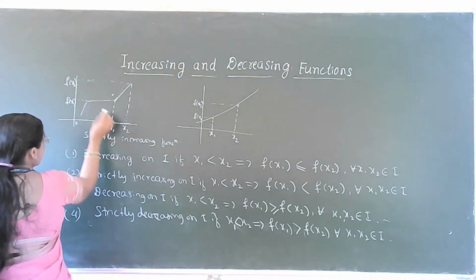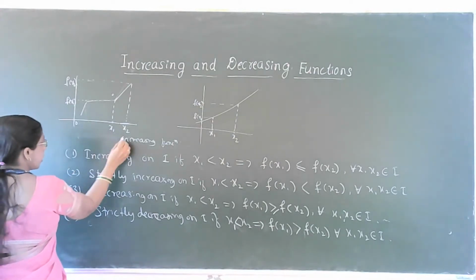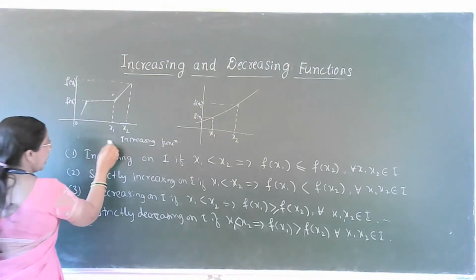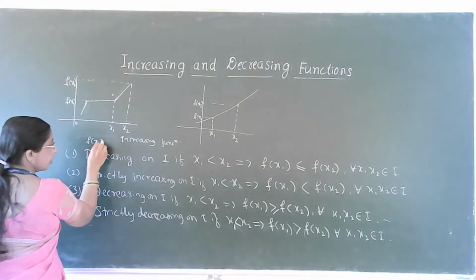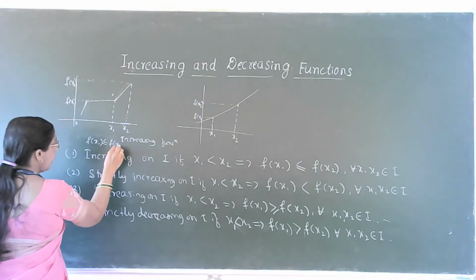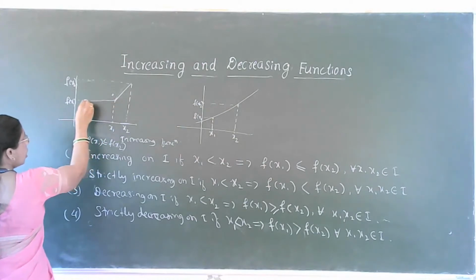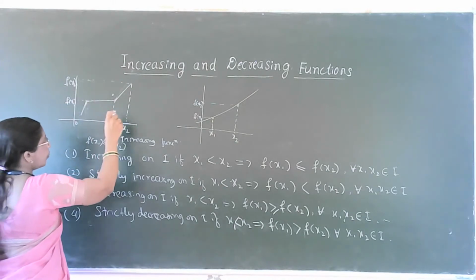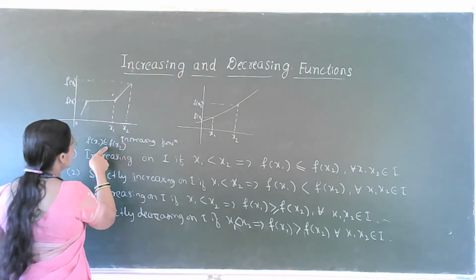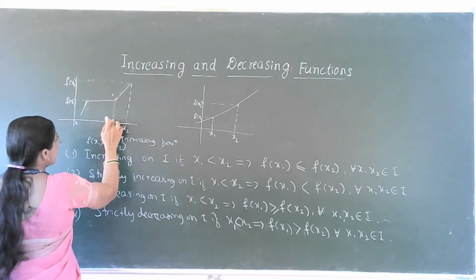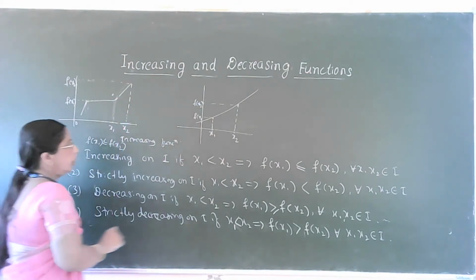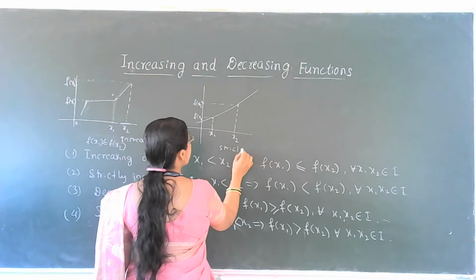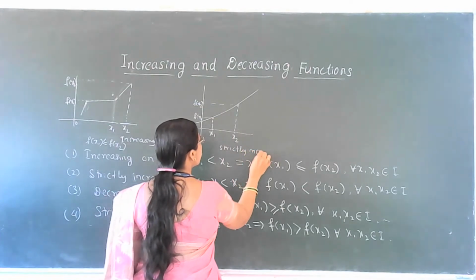Therefore the function is increasing, because f of x1 is less than or equal to f of x2. All these points have the same f of x1. Sometimes we take it like this, and then f of x1 and f of x2 show a strictly increasing function.